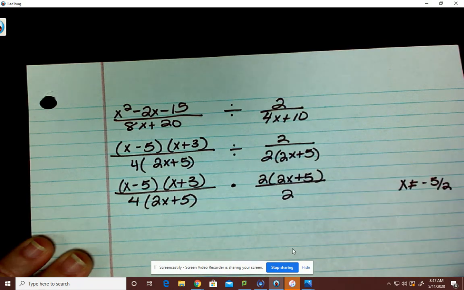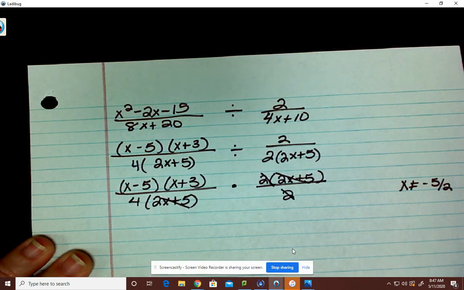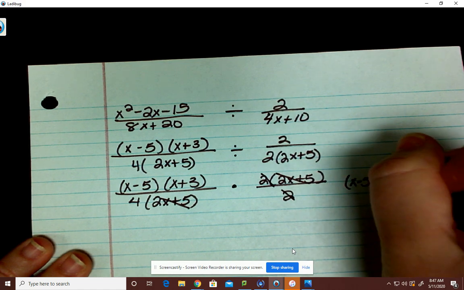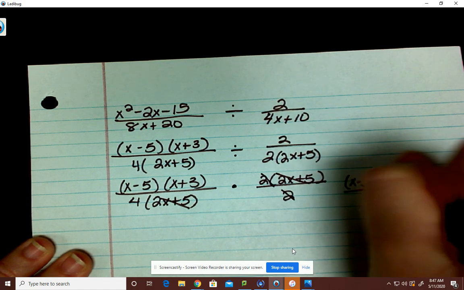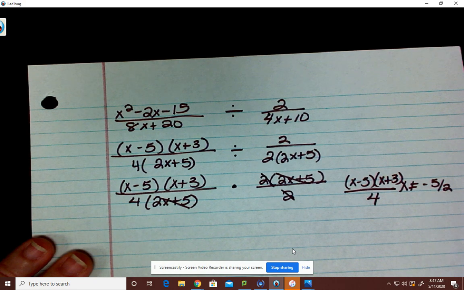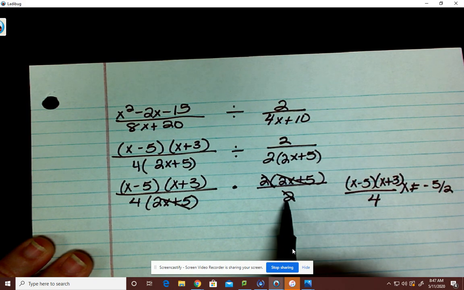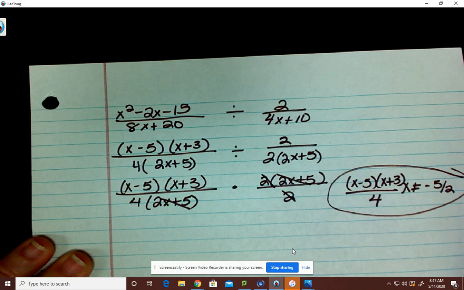And then we see things that will simplify. So these 2's will simplify, and this 2x plus 5 will simplify. So I'm left with x minus 5, x plus 3 over 4. Oh, and when I flipped my second fraction, I didn't get a new exclusion because 2 will never equal 0. So this would be my final answer here.